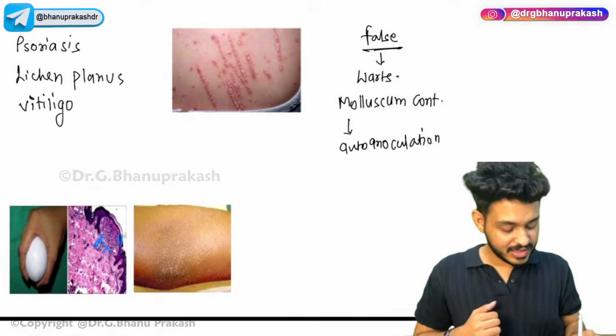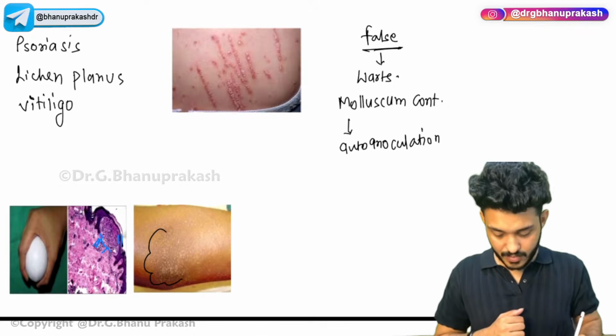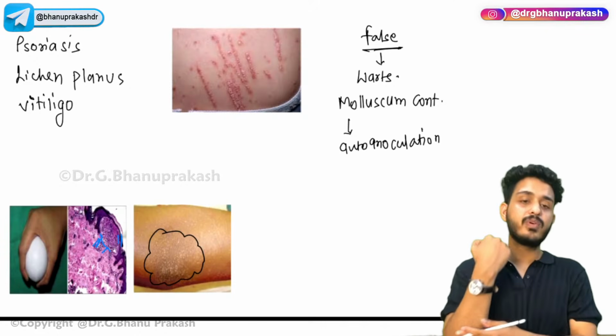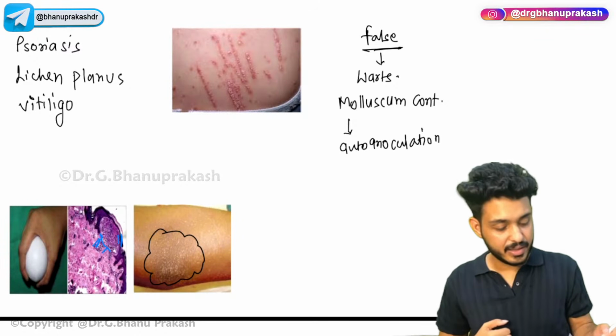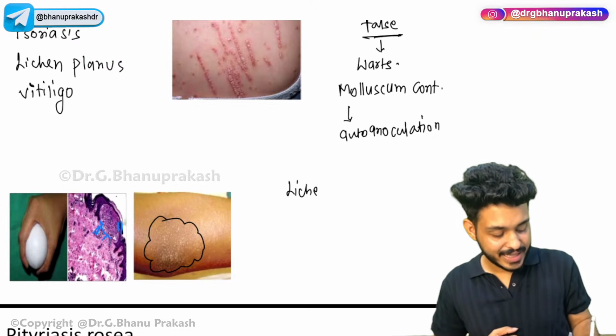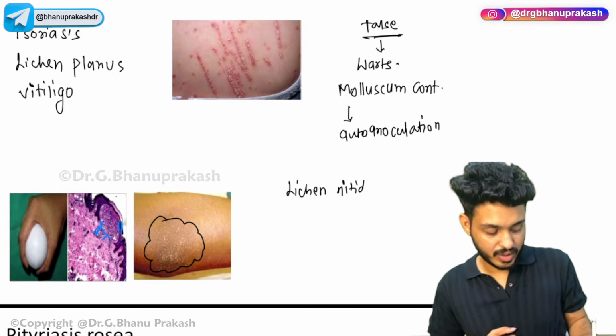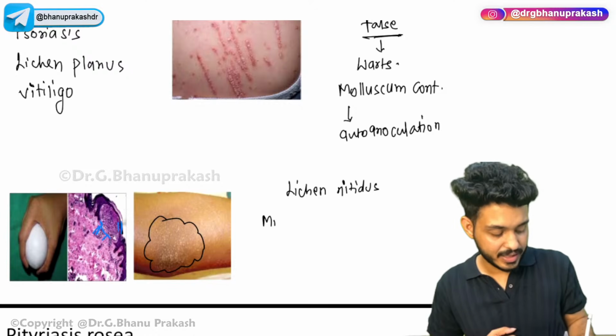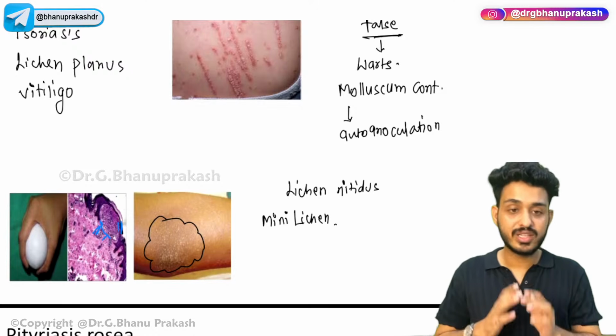Okay, lastly we are having this thing. You will be having this type of appearance, this type of mini bumps you will be finding. This is known as lichen nitidus, guys. This is also known as mini lichen.